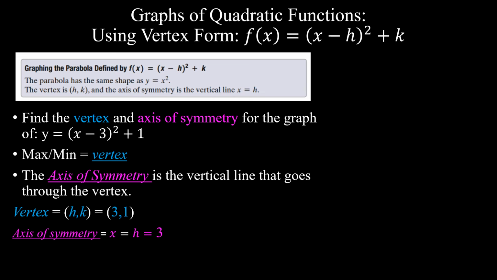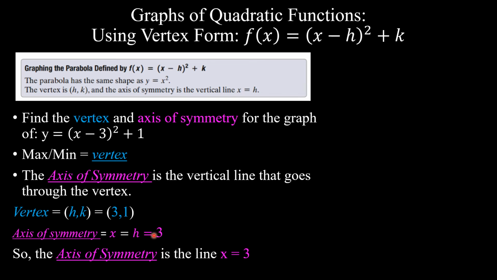And now, since I know my vertex, I know my axis of symmetry because that's the line that goes through the x-coordinate of my vertex. Well, my vertex here was (3, 1), which means the x-coordinate of my vertex is 3. So the axis of symmetry for this parabola has to be the line x equals 3. So whatever h is, that's your line of axis of symmetry as well.